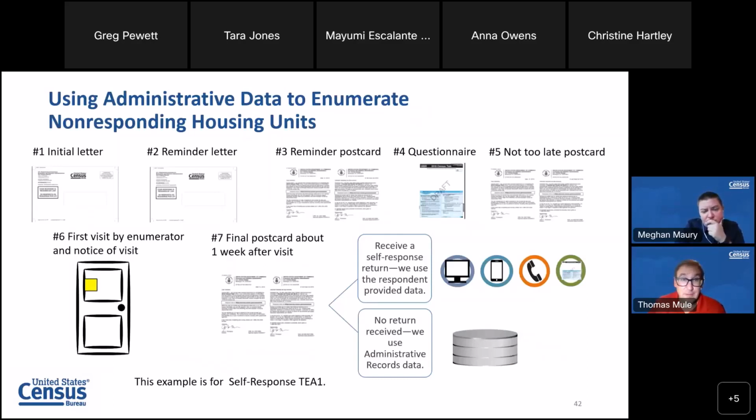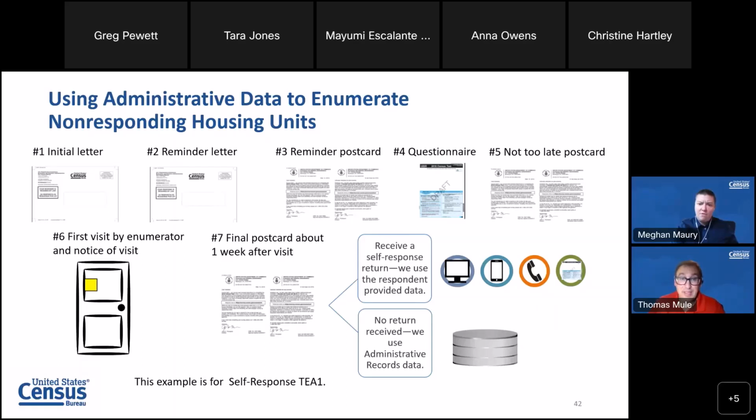So the first line shows the plans for the 2020 census: we had numerous mailings during our self-response period during March and April, where we were sending multiple letters and or questionnaires to the address, encouraging them either to respond online or using the paper questionnaire that was sent along the way.